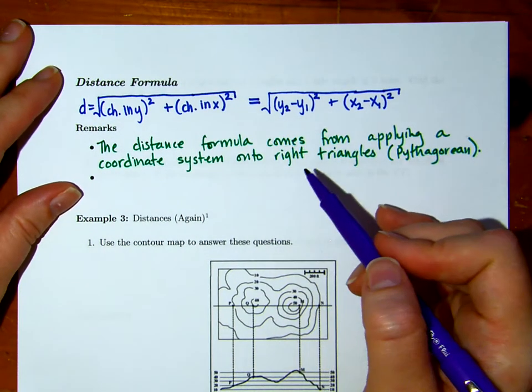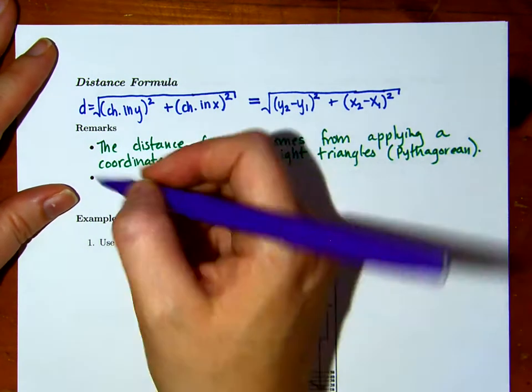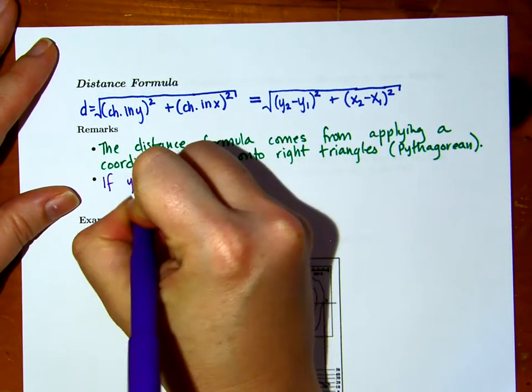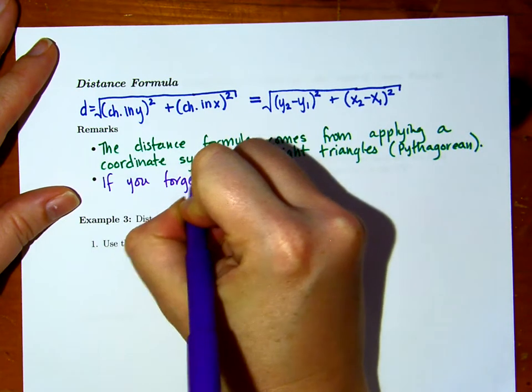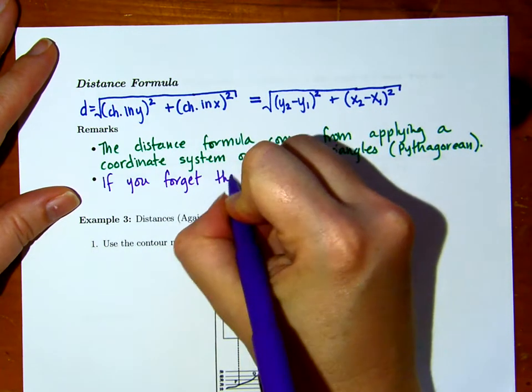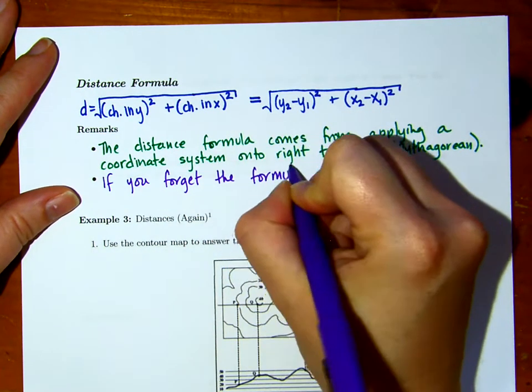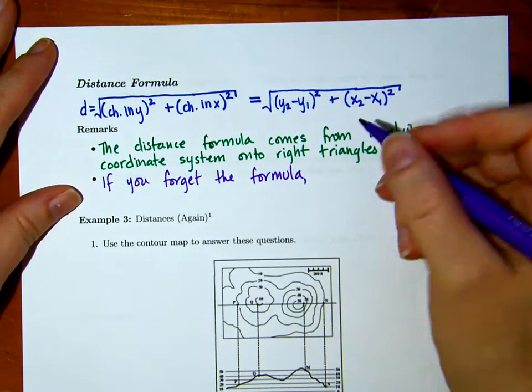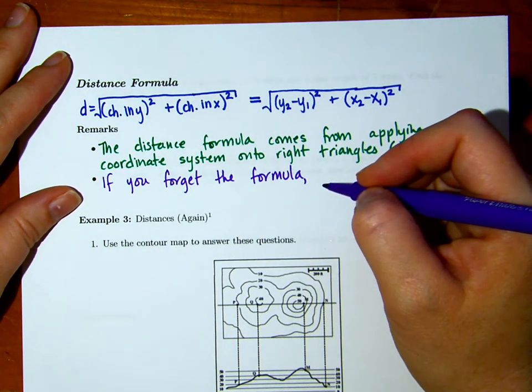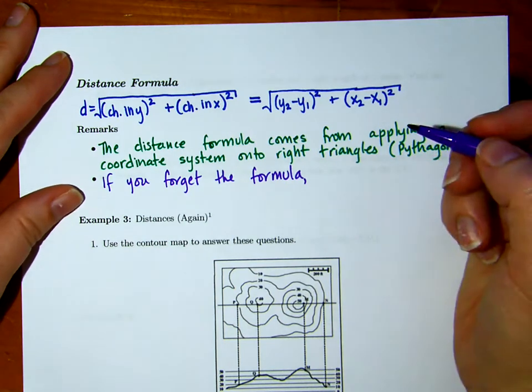And that means, my next remarkable thing, that if you get stuck, worst case scenario, you can make yourself a right triangle. So if you forget the formula, draw yourself a right triangle and use Pythagorean.